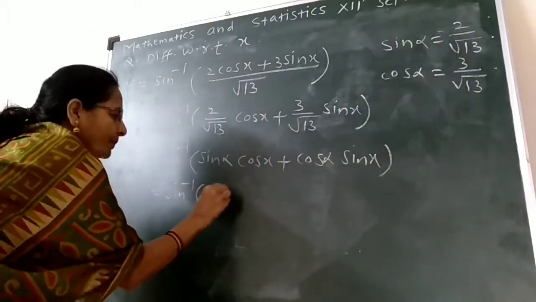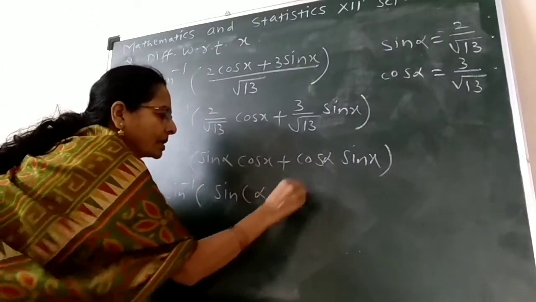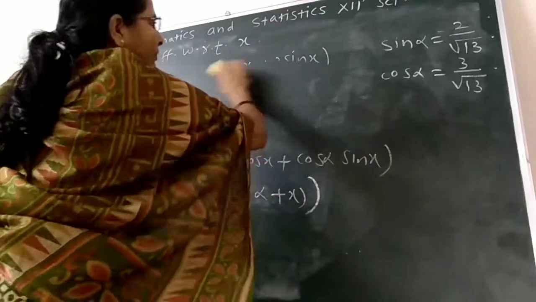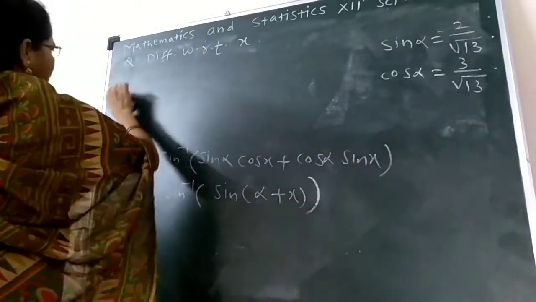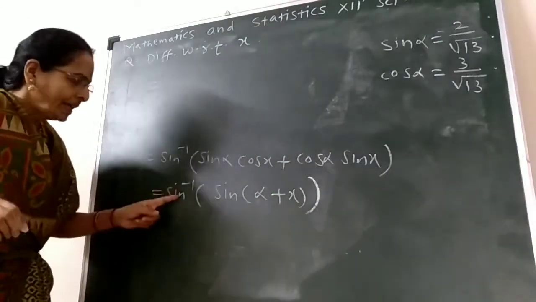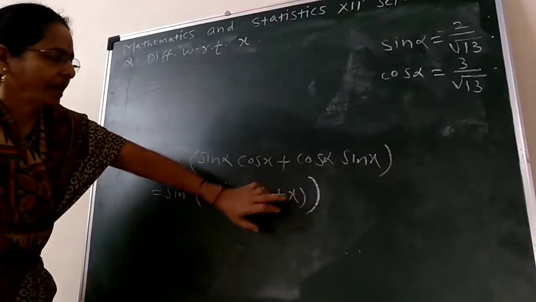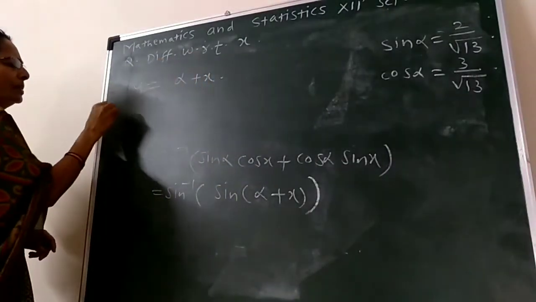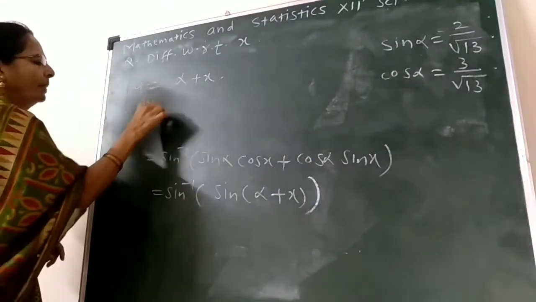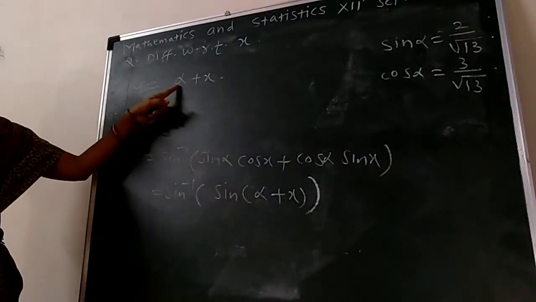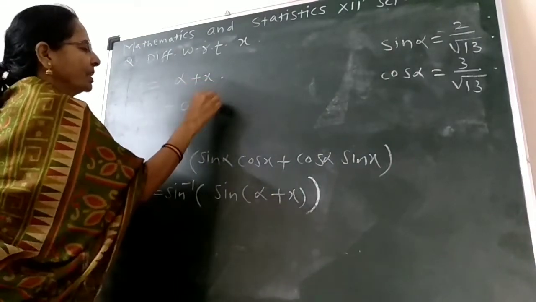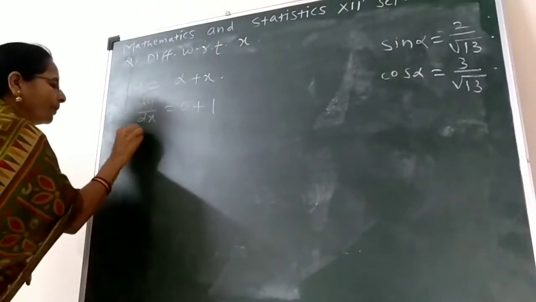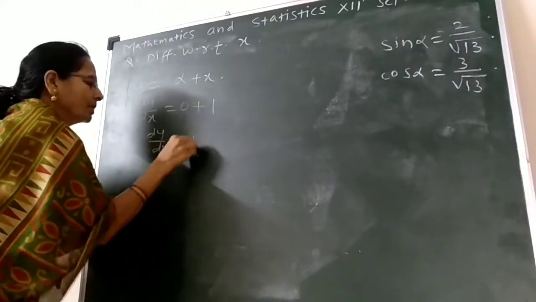This is formula of sin of alpha plus x. So it is equal to sin inverse sin of alpha plus x, that is alpha plus x. This is value of y, so derivative: alpha is constant, derivative 0, derivative of x is 1. Therefore dy by dx is equal to 1.